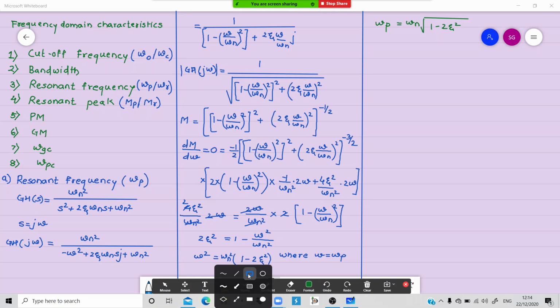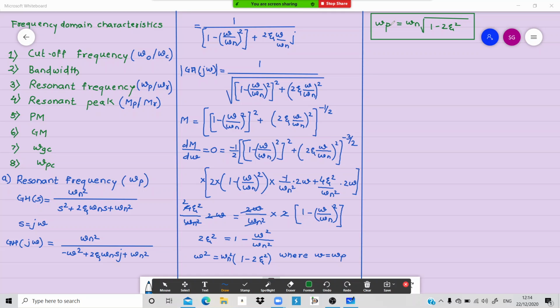Okay, so I'll make a bracket for this. Now just look at this equation very carefully. As soon as zeta square is more than half, this value will start becoming greater than 1.